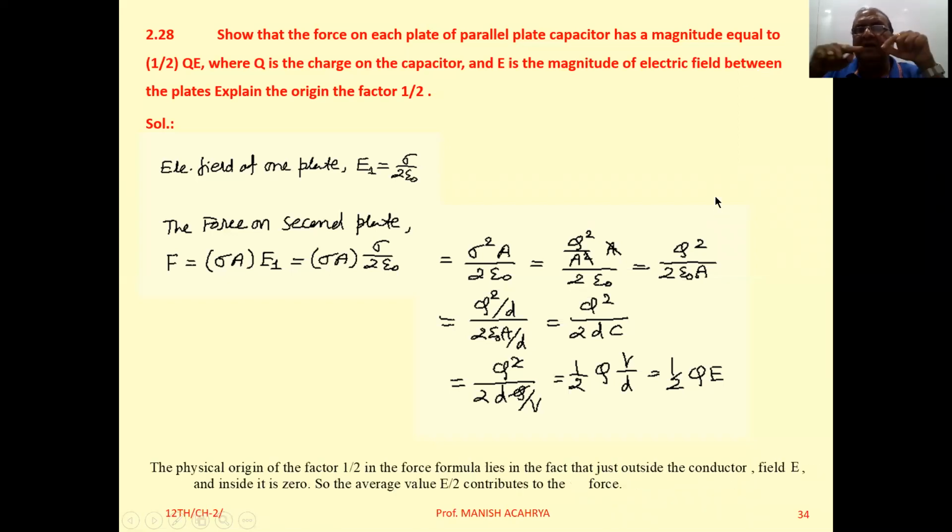Say, when the capacitor is charged at that time, the charge on the capacitor increases from 0 to Q. And therefore, the electric field established between two plates of the capacitor also increases from 0 to E. And therefore, the average value of the electric field, E by 2, contributes in the force.